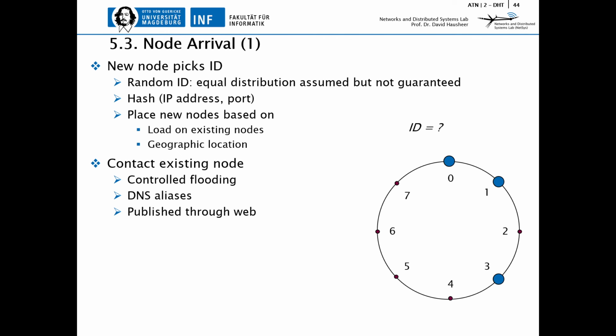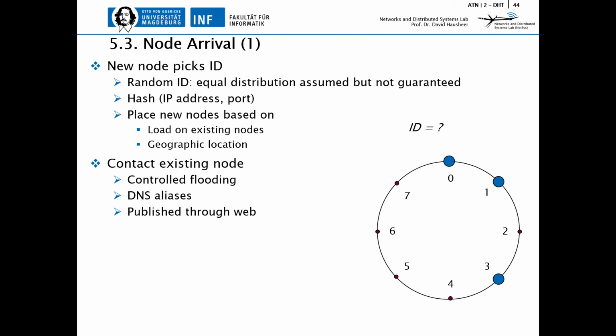The alternative is to use the node's IP address and port number and feed that into a hash function, which results in an identifier.